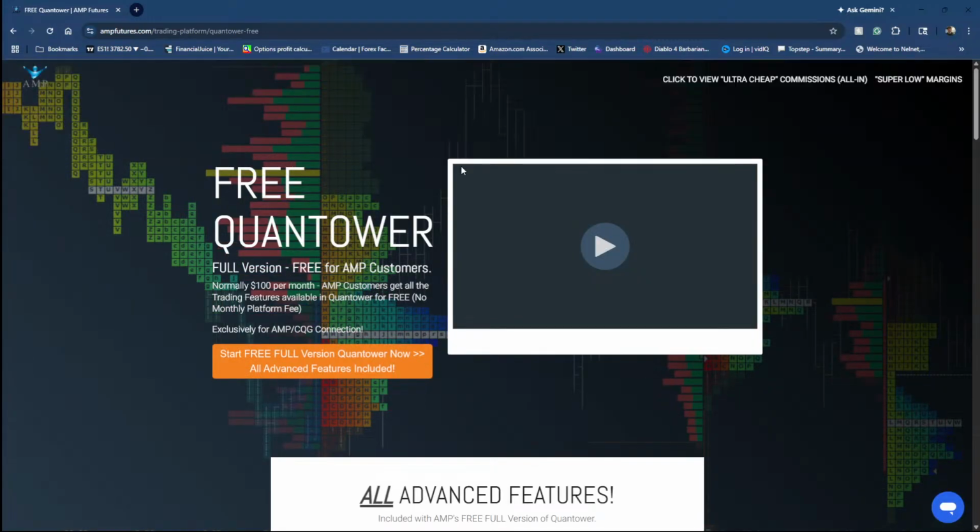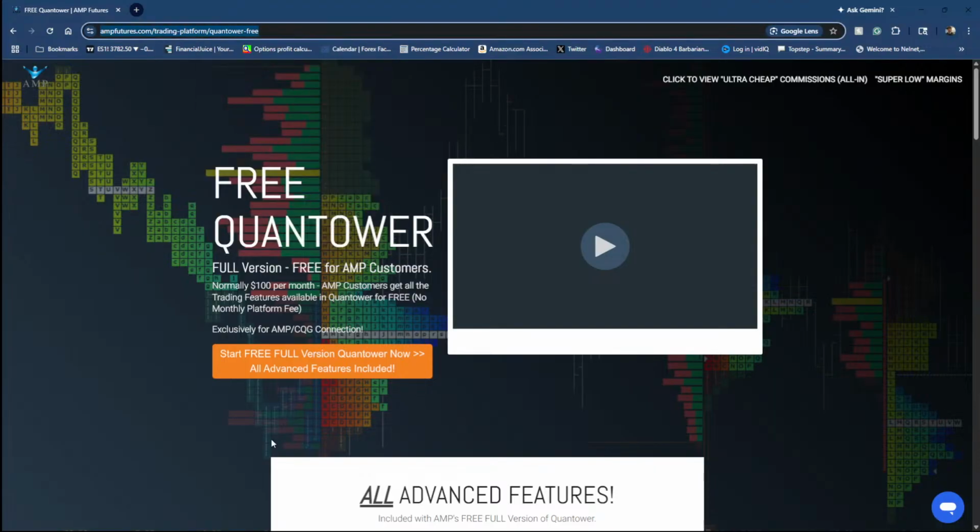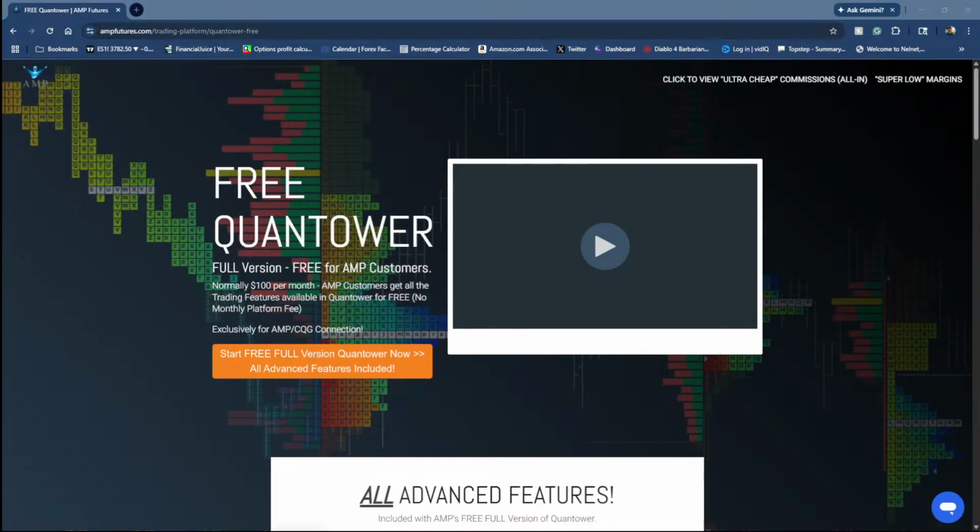If you come here using specifically that link, and I can link this for you guys, you have to use this link if you're wanting to get the free Quantower.